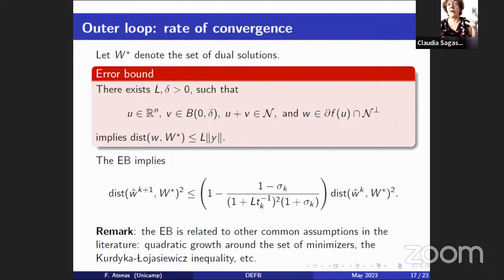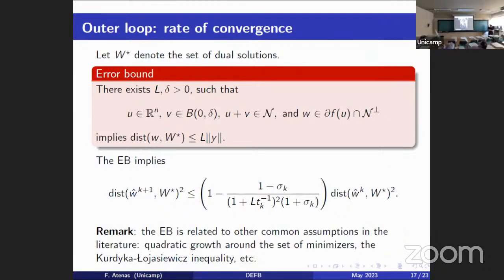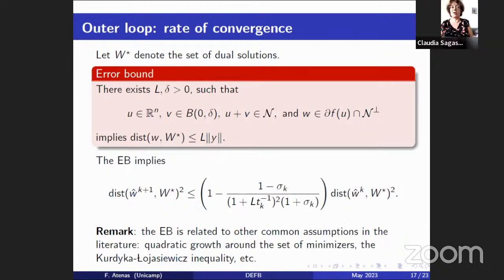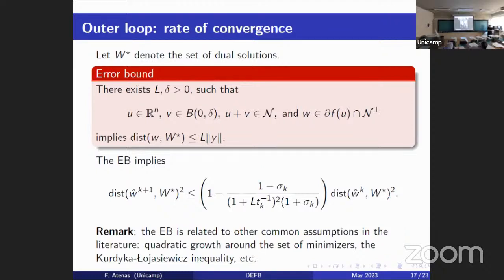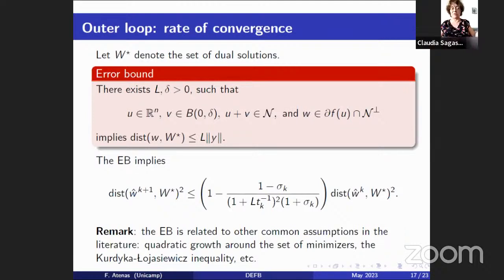Did you think of comparing the convergence rates of the bundle, progressive hedging, and this method? Sorry, what was the question? If you can compare the convergence rates of the bundle and of this.